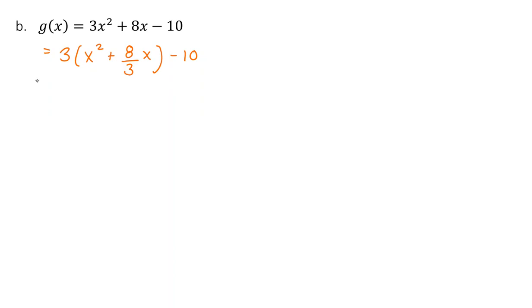Okay, same process. You're going to use that formula b over 2 squared. In this case, it's 8 over 3 divided by 2 squared. Now this can look a little messy and a little tricky, but do this step by step if you have to, or again, do your rough work off to the side, or if you can do it in your head, that's awesome.